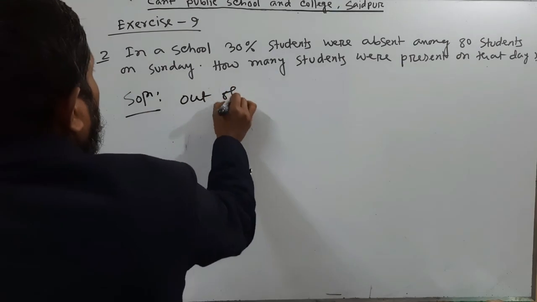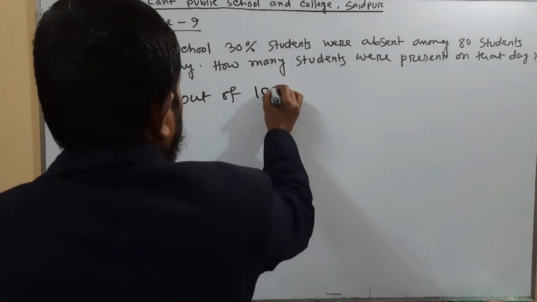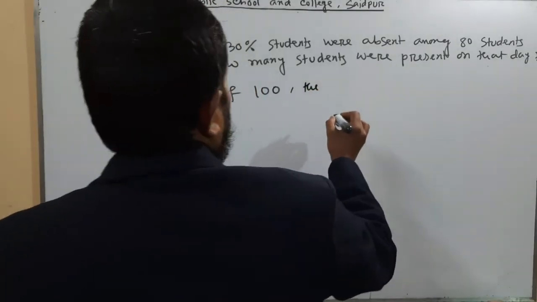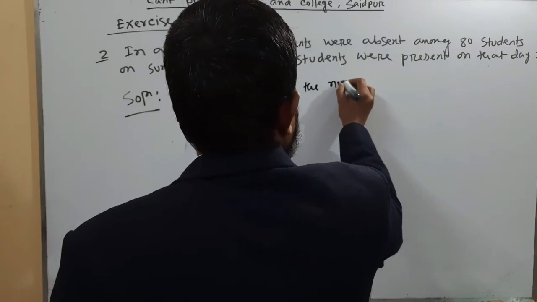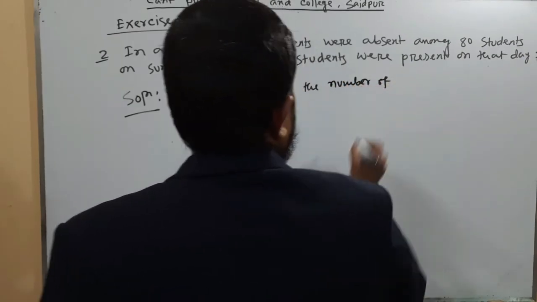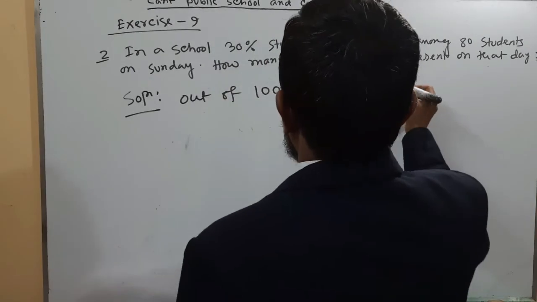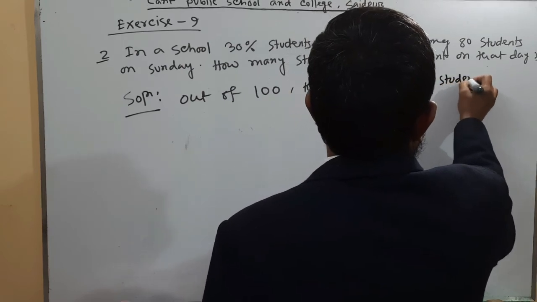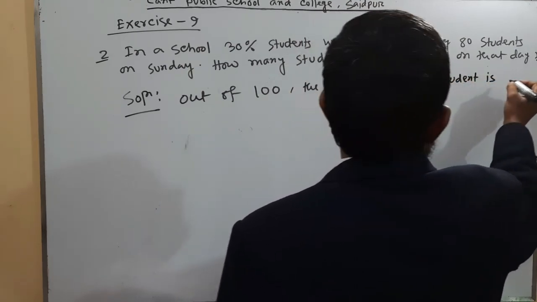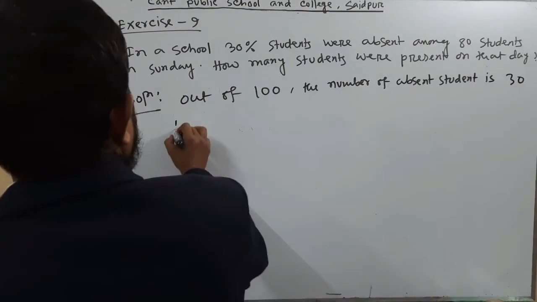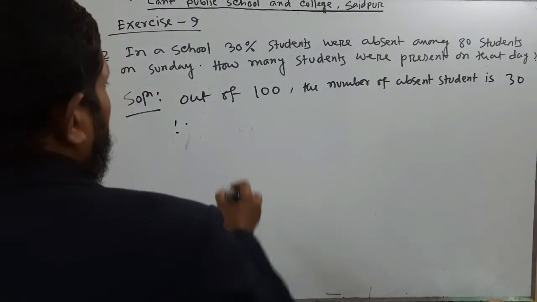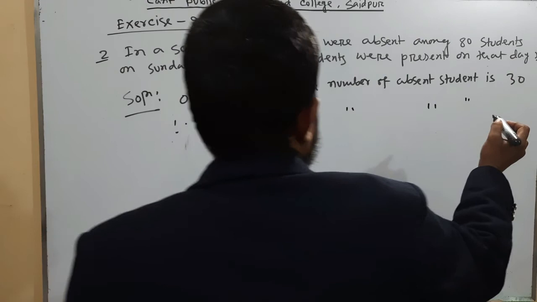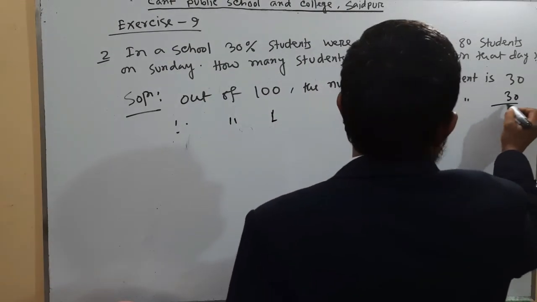Out of 100, the number of absent students is here 30. Out of 1, the number of absent students is 30 by 100.